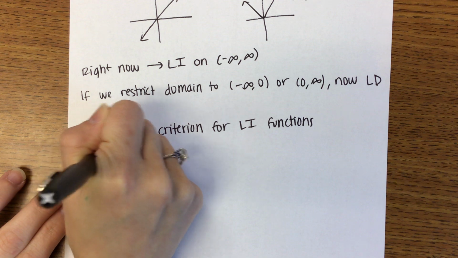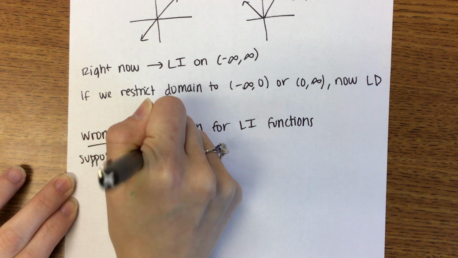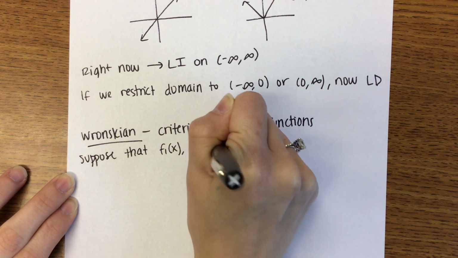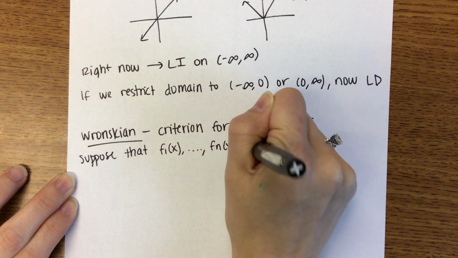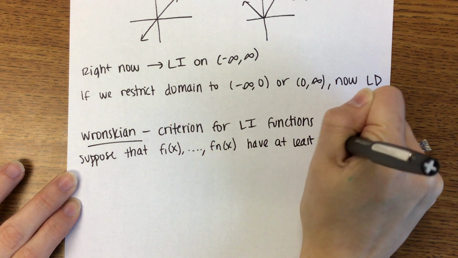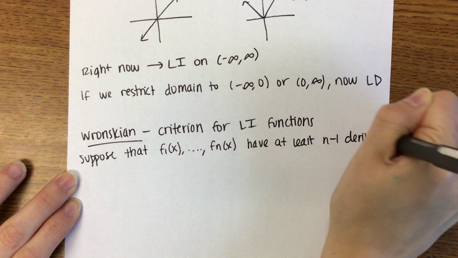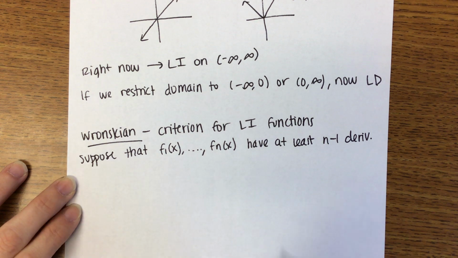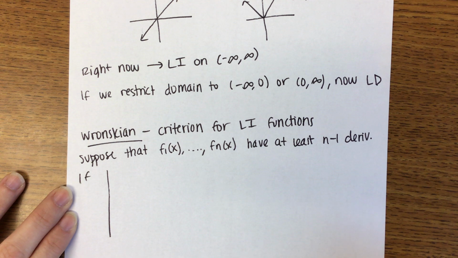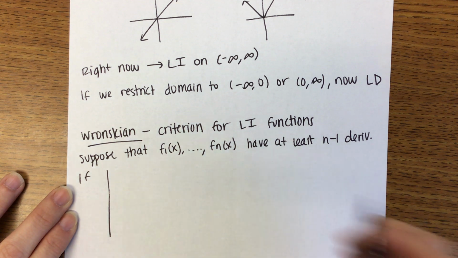So suppose that we have functions f1 of x all the way up to fn of x, and that all of these functions have at least n-1 derivatives. Consider the determinant of the following matrix.